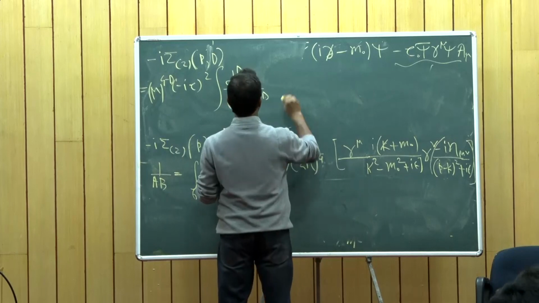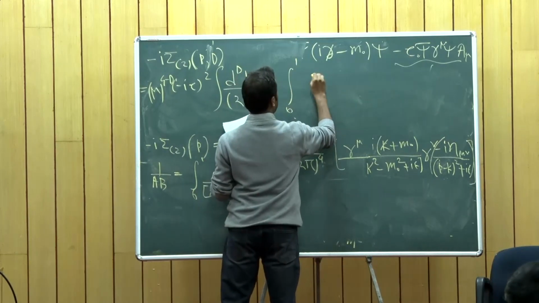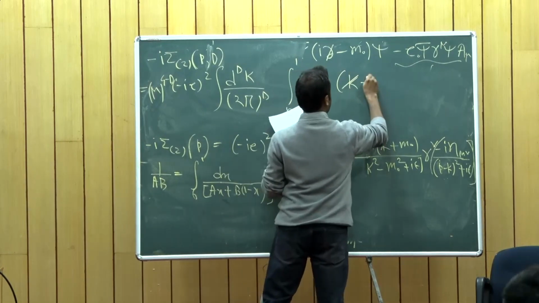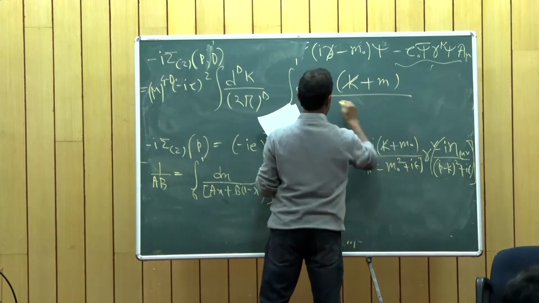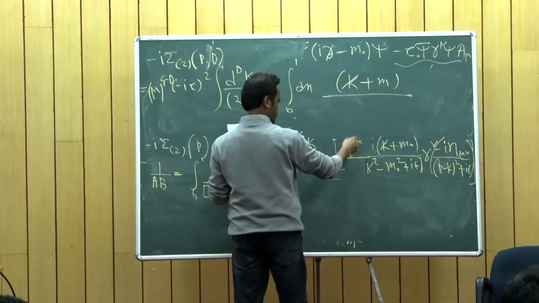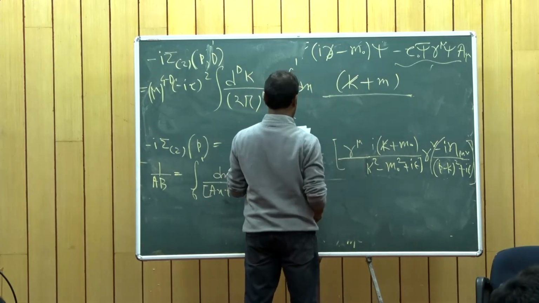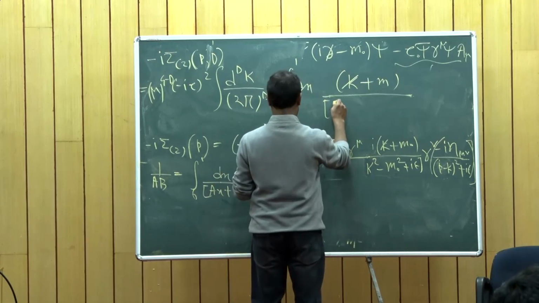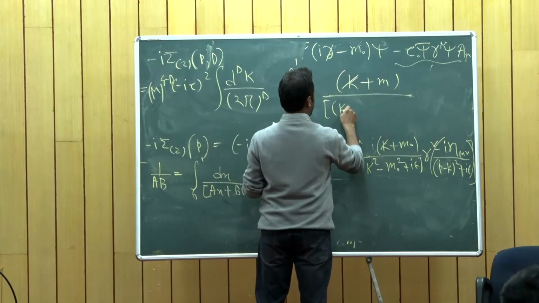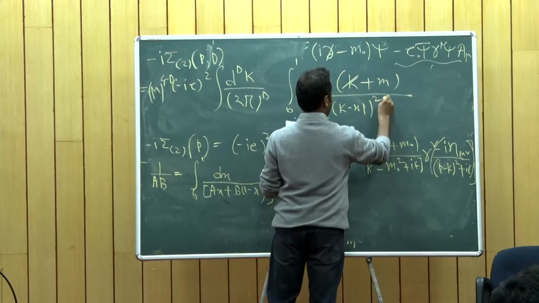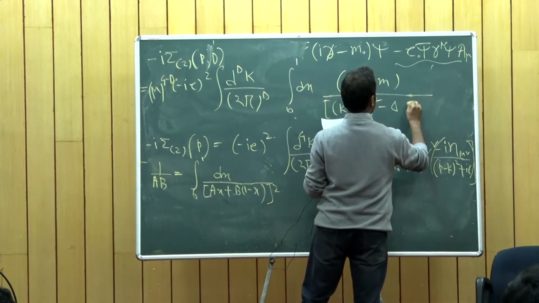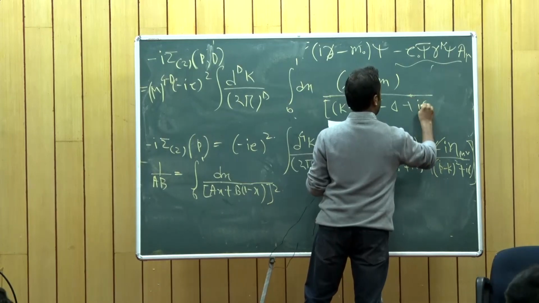So it looks something like this: dx, k slash plus m, and you combine all the numerators and denominators in whatever way, and it comes out to be k minus xp whole square minus some delta, plus i epsilon.